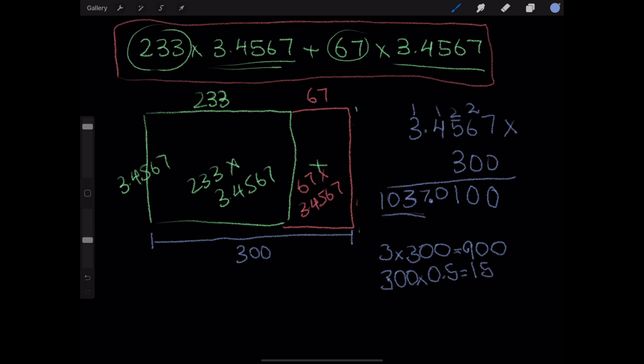Yes, 150. And 900 plus 150 equals 1050. And that's quite close to 1037.01. So now you're reasonably sure you got there? Yes. It's looking good. Thank you so much.